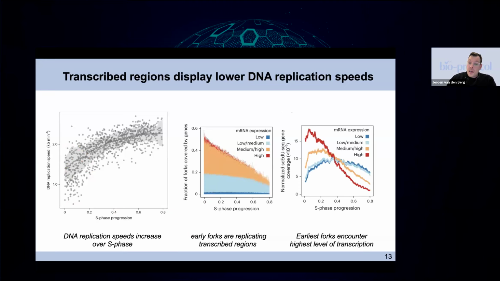Although it's the lowest fraction here in dark red, it seems that if you look at the normalized coverage of EdU-seq over this S-phase progression, it more often encounters a highly expressed gene or mid-high than it encounters a lower or medium expressed gene. So it seems that regions that are replicated early in the genome are covered by transcribed regions, or are also transcribed, I should say.